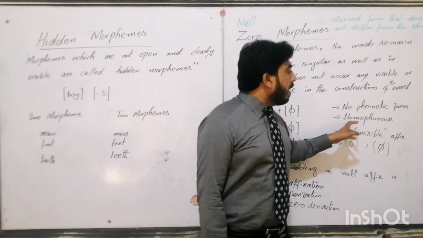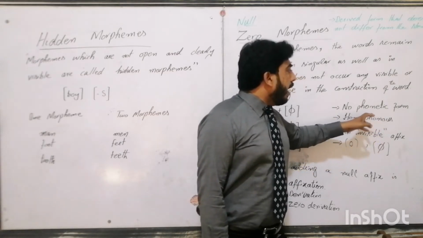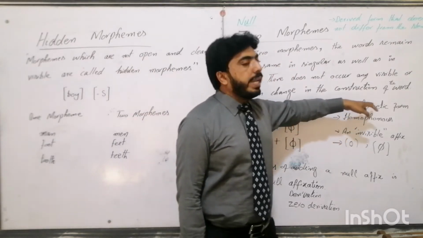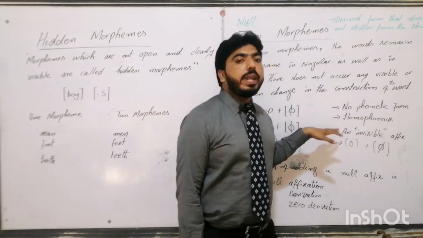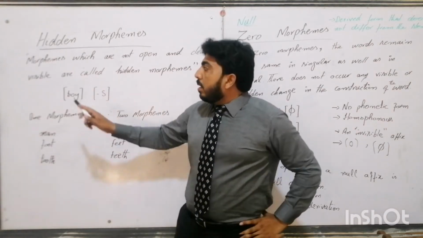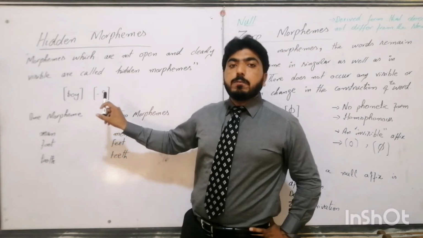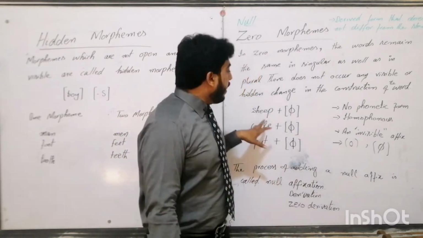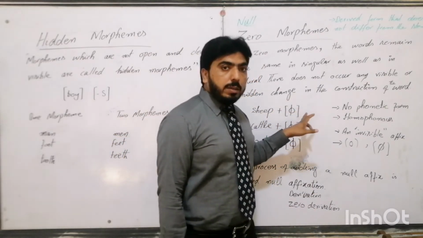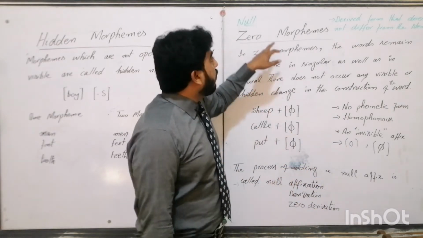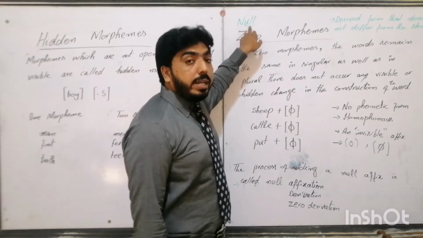We will call it a homophonous word. And zero morpheme has no phonetic form. For example, in boys, boy and the s morpheme, this is the phonetic form which can be realized. But here sheep singular, sheep plural, there is no phonetic realization of zero morpheme or null morpheme.